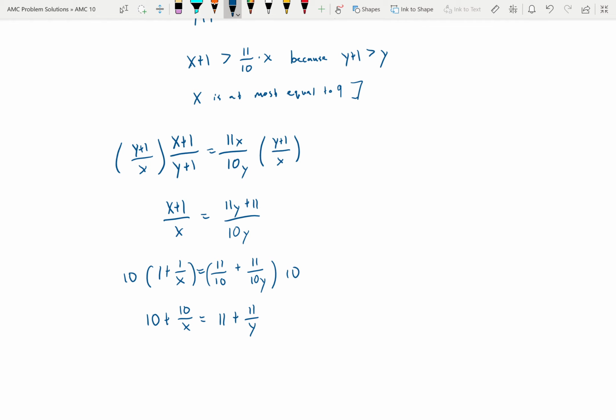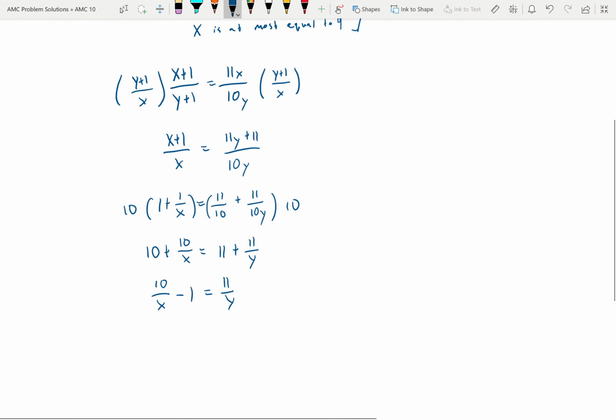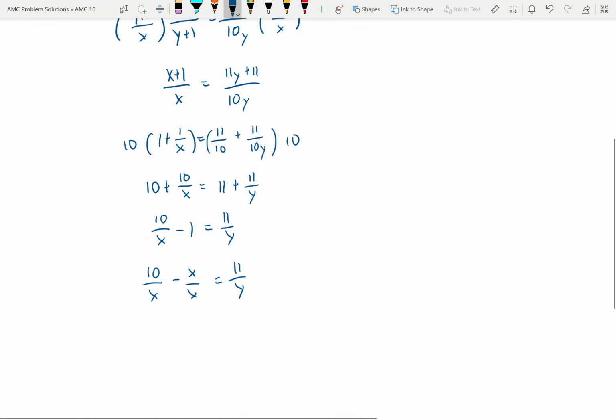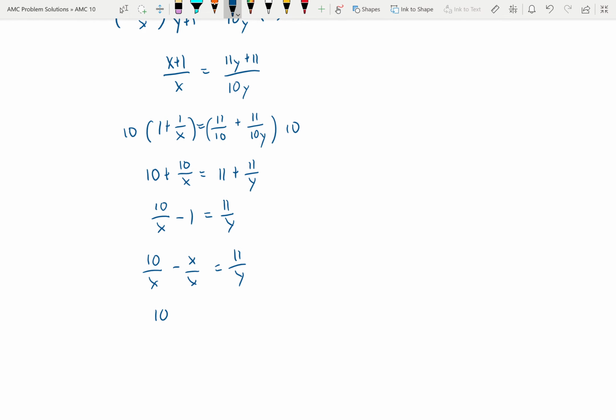Then if I subtract 11 from both sides, I get 10 over x minus 1 is equal to 11 over y. I can simplify this to 10 over x minus x over x equals 11 over y. So then I get 10 minus x over x equals 11 over y.